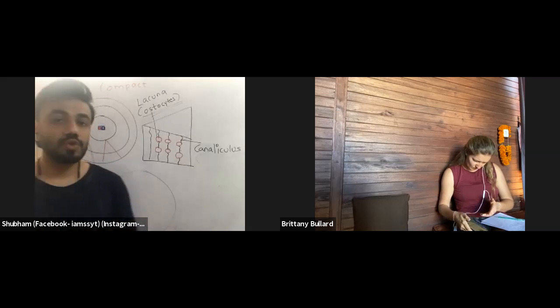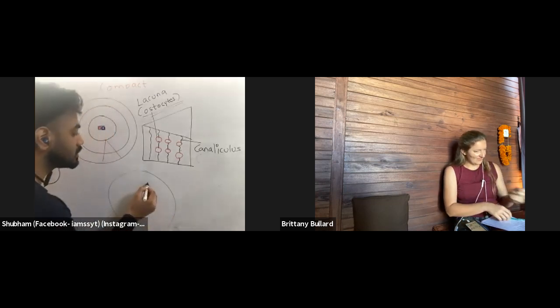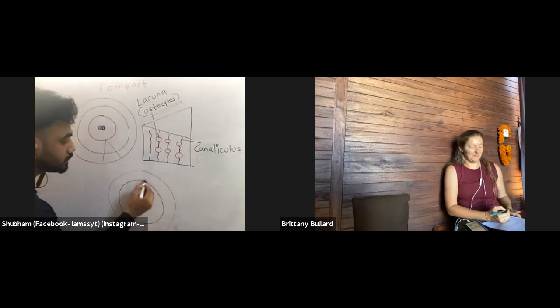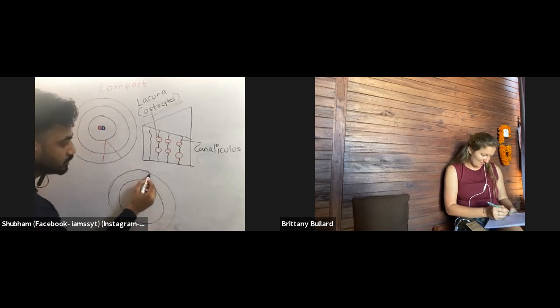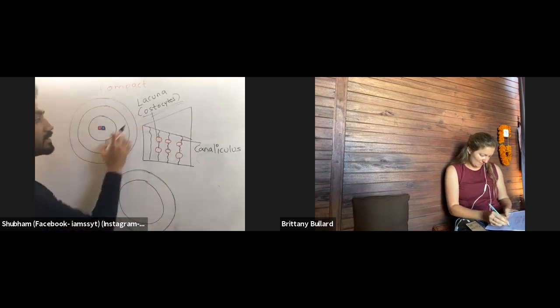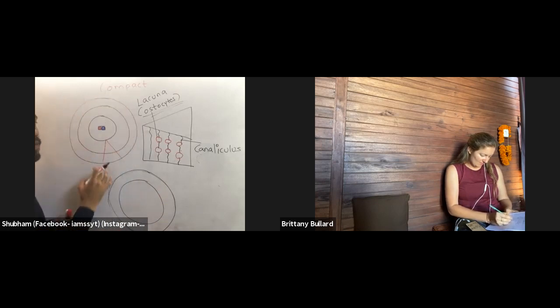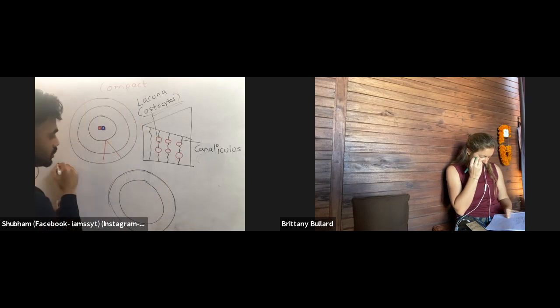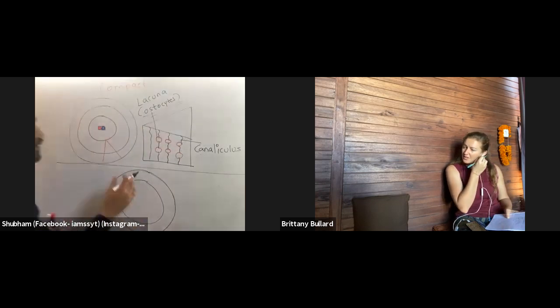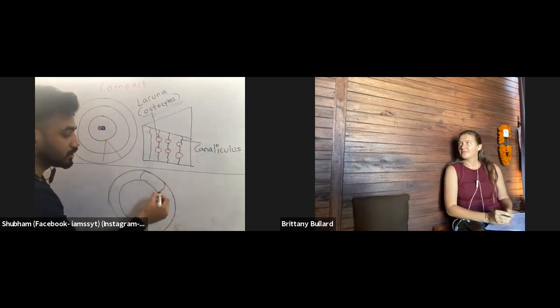What is this honeycomb structure? These circles are not like concentric rings. In the compact bones, there were concentric rings around only. But in the spongy bone down here, you will find a honeycomb structure.